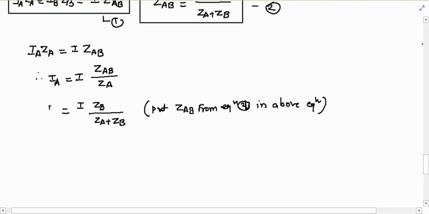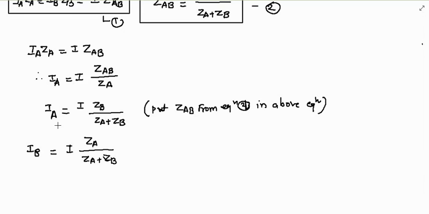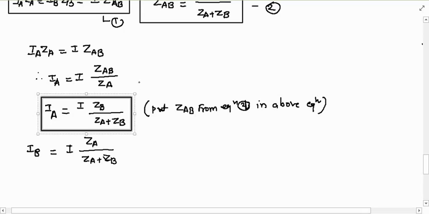So similarly, this is your IA. Similarly, what can I write down? I can write down IB equals I into ZA divided by ZA plus ZB. So simply we have seen these two formulas with the help of the current division rules in the above figure also.